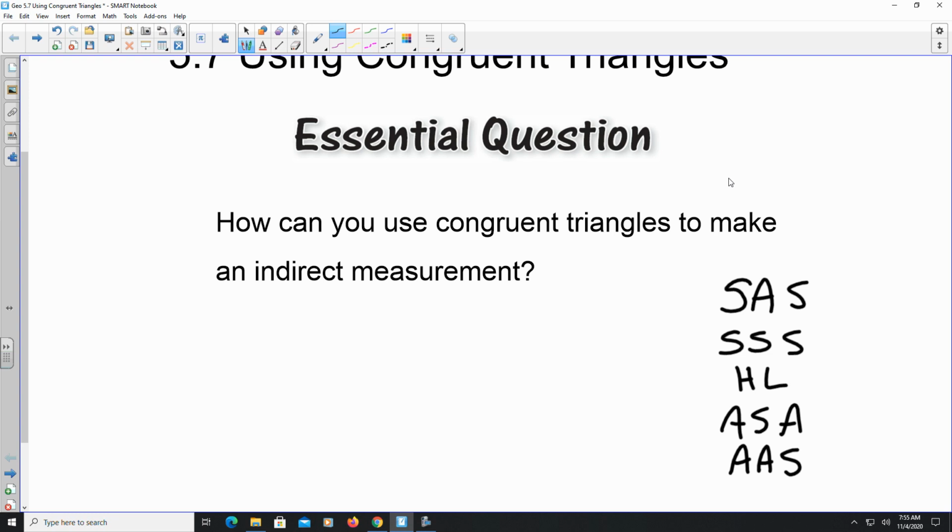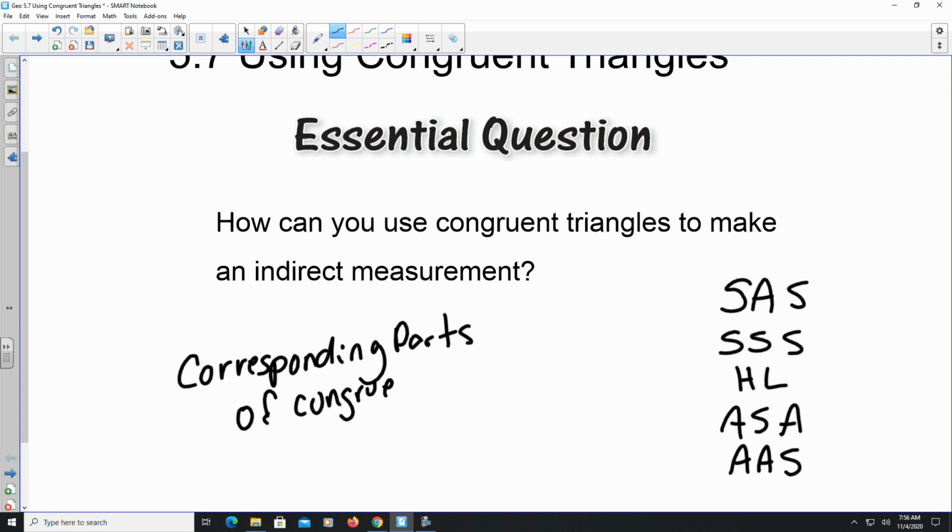And the statement that you are going to give to show that those particular sides or angles are congruent is something that's called corresponding parts of congruent triangles are congruent.